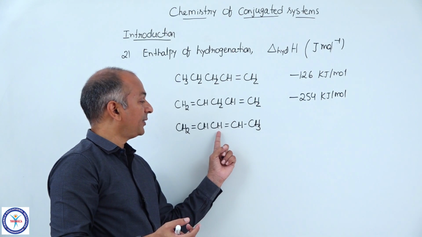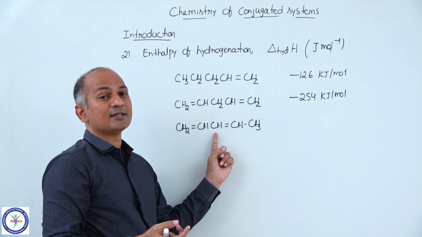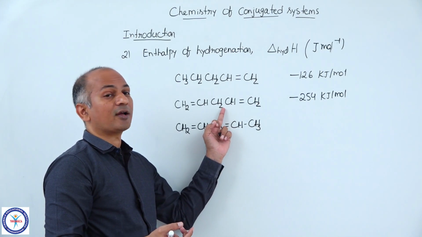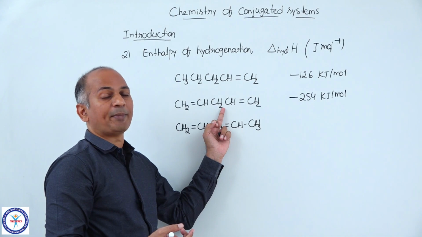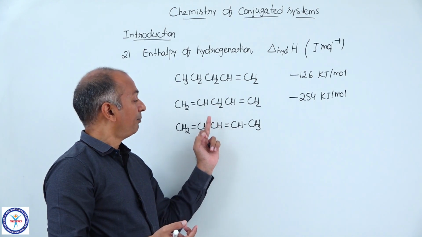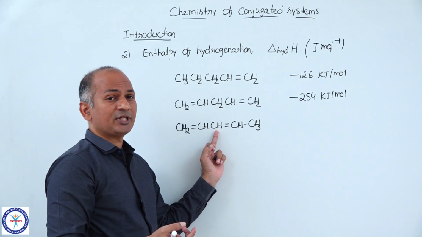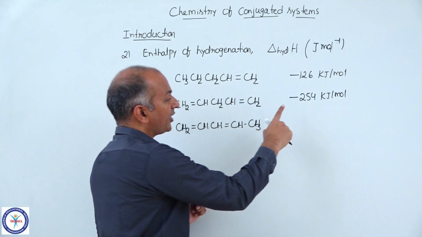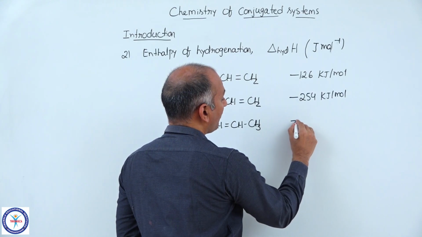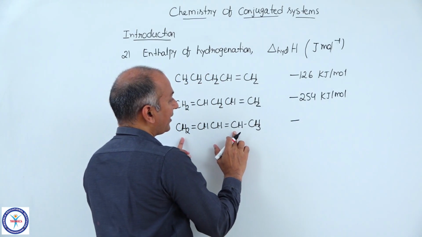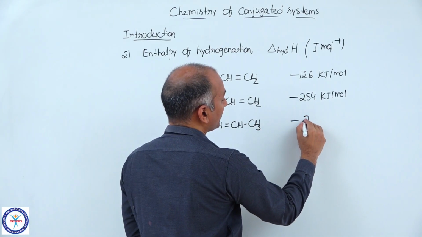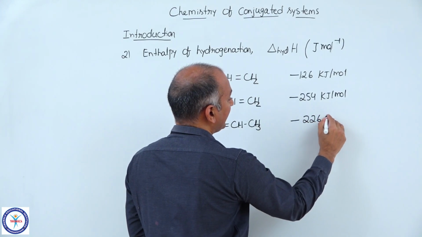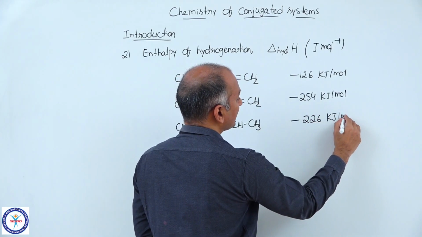But you know 1,3-pentadiene is more stable than 1,4-pentadiene because it has resonance. It is resonance stabilized; there is conjugation. So the enthalpy of hydrogenation of 1,3-pentadiene is minus 226 kilojoules per mole.